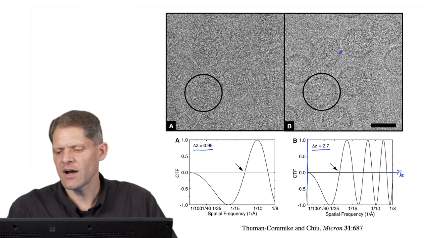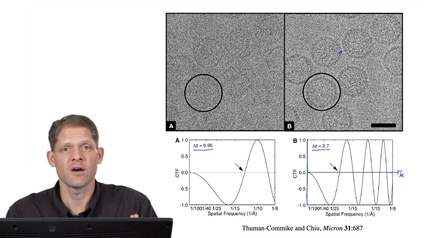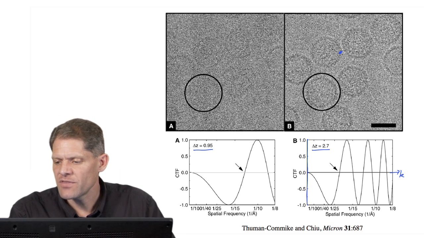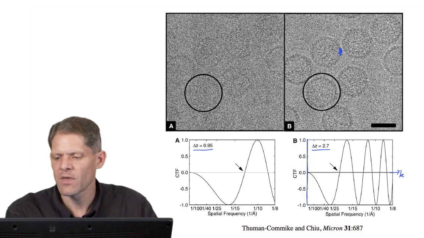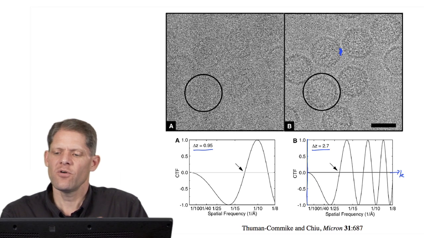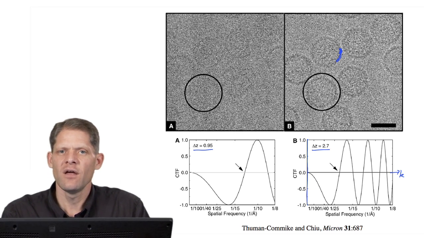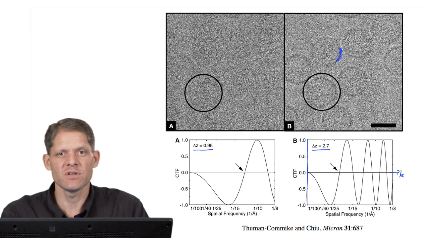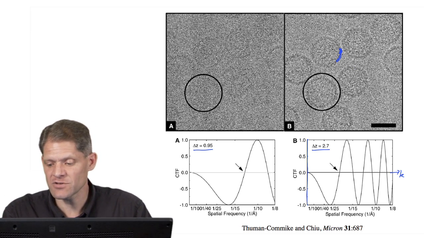Now these icosahedral viruses are approximately 100 nanometers across, and the thickness of the shell here is something like 40 to 50 angstroms thick. So in order to see that shell clearly, we need to have Fourier components in the image with wavelengths of approximately 40 to 50 angstroms.